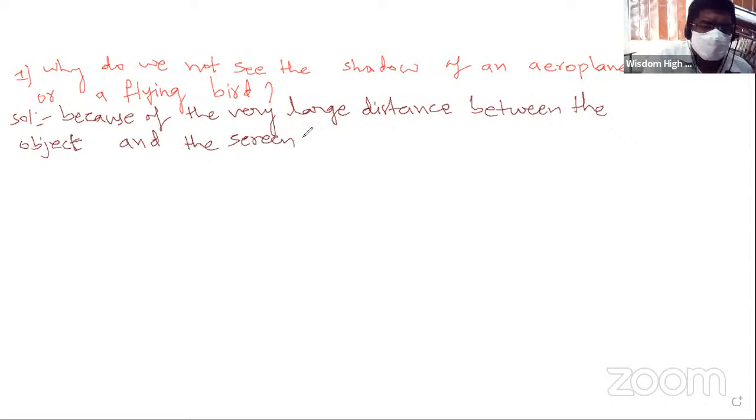Screen, we may say in Telugu, తెర అని చెప్తుంటాం. Okay. Screen. Next is here. Shadow becomes invisible. We cannot see. Invisible means it cannot appear for us.